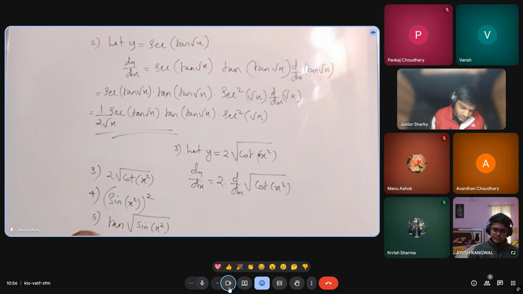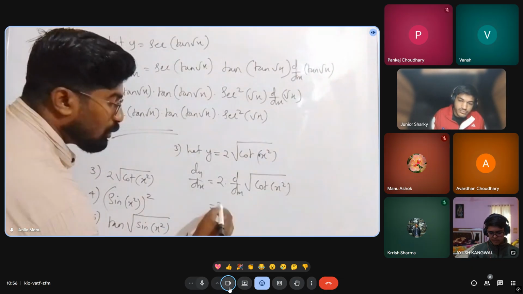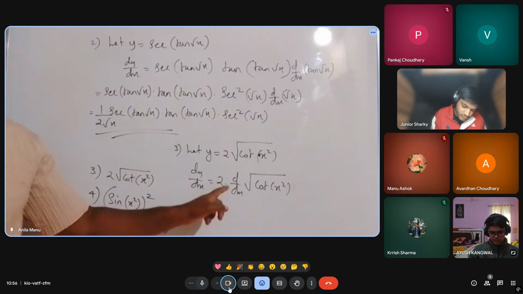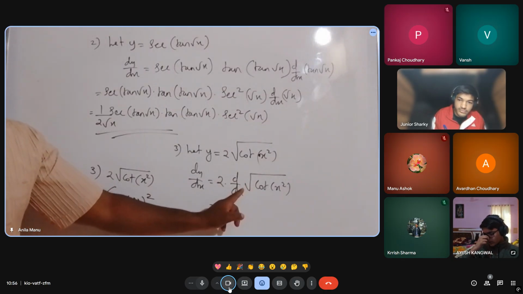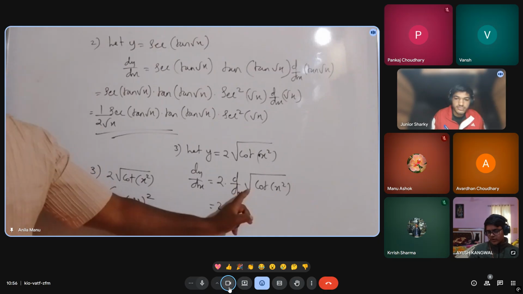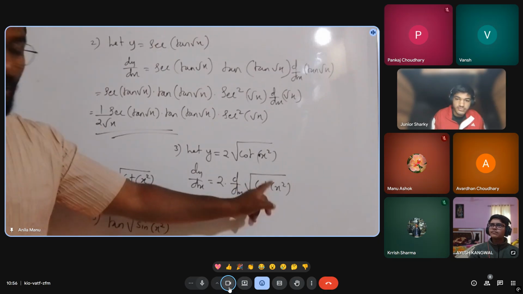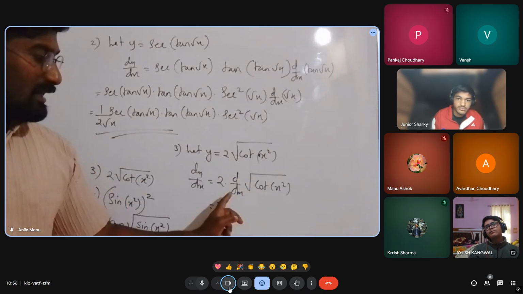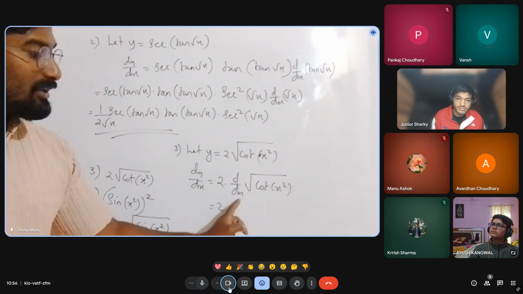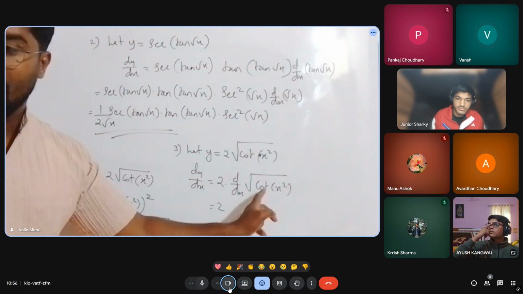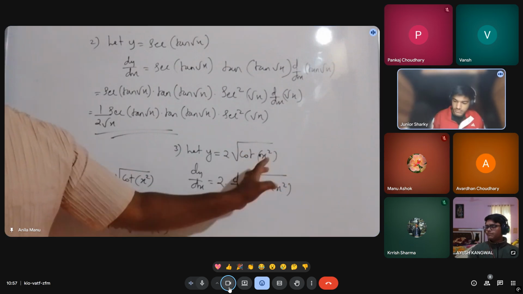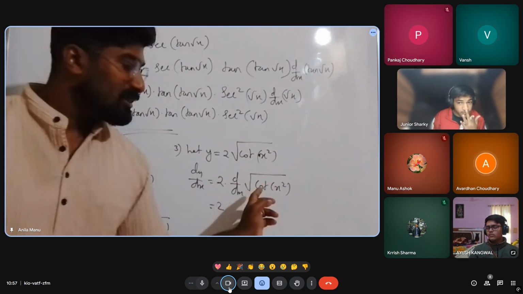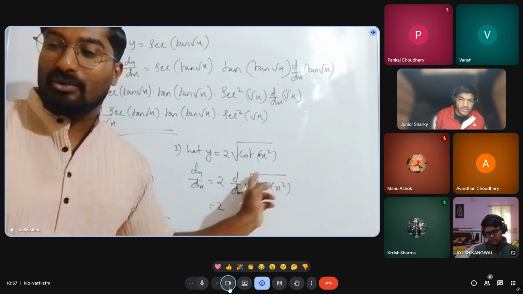Now when you approach the function, what do you see first? The symbol is root. So whatever is under the radical sign, you consider as x. Now you can read it as derivative of root x, the square root function.